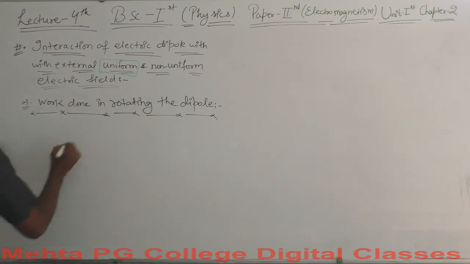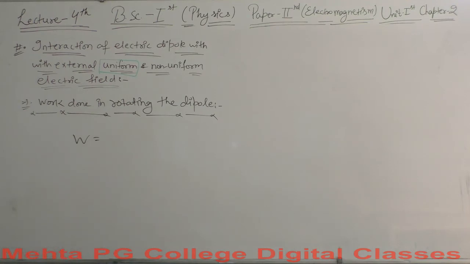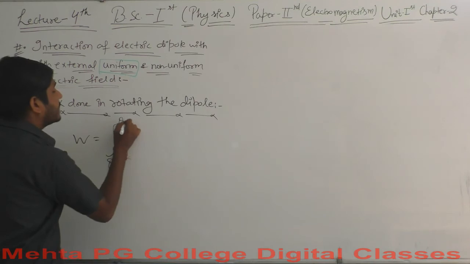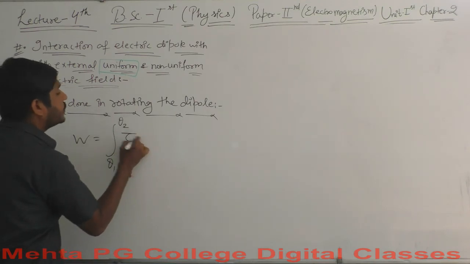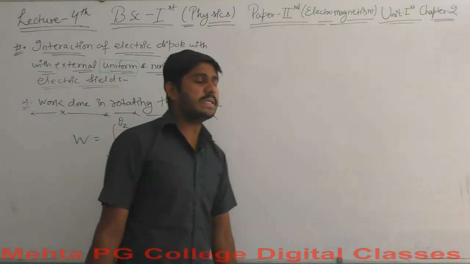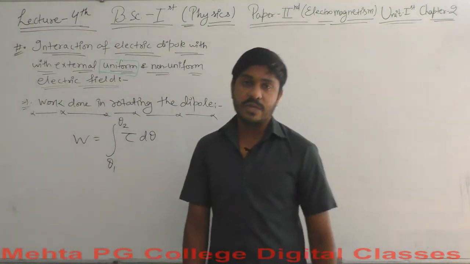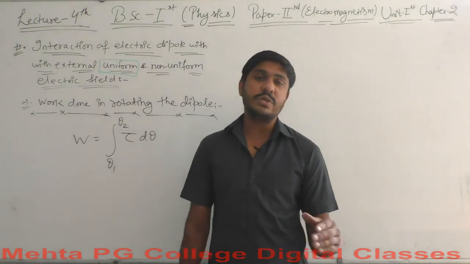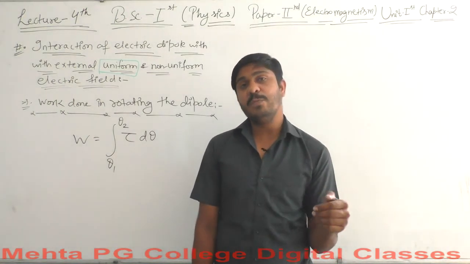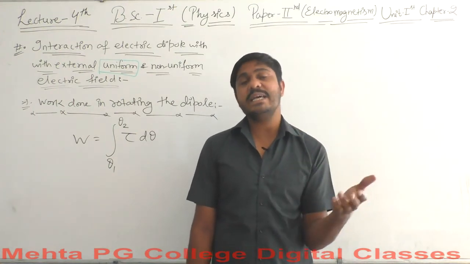So what kind of work is to be done? Let's say this is represented by W, from the initial position theta 1 to the final position theta 2, and torque is the force, so this equals the integral of tau d theta, because simply the work done is force into displacement. Work done W is equal to the integration of F dot dl, that is the exact formula.